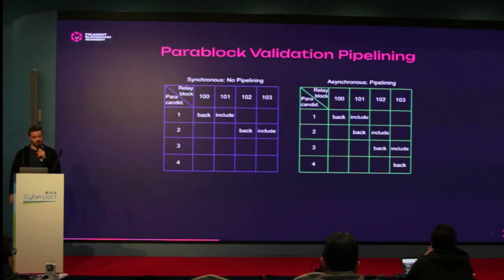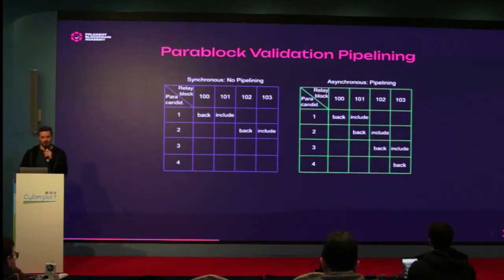This is with synchronous backing, so no parachain block pipelining. We have parachain block candidates 1, 2, 3, and 4, and we have relay chain blocks 100 through 103. You can see that one candidate needs to be backed and included before we can back the next candidate from a single parachain, that is.